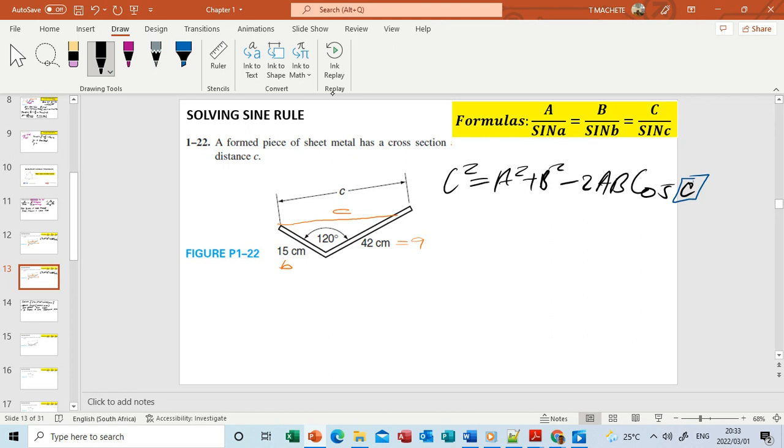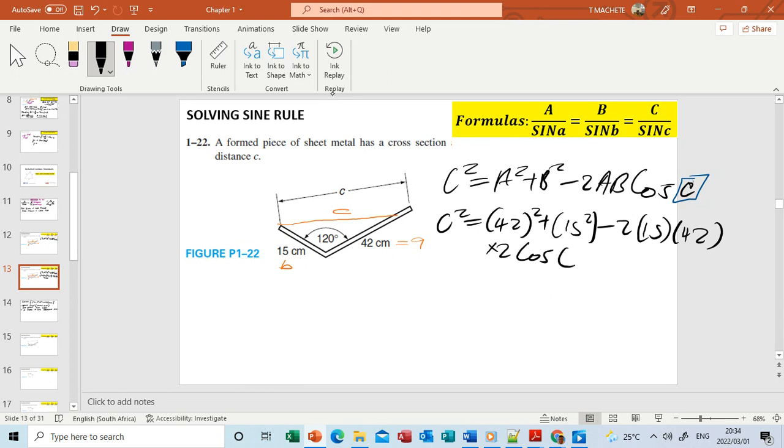So, you've got this equals to your A. You're going to put your A there. It's 42 squared plus 15 squared. You just put everything there. Then 15 times 42 multiply by 2 cos theta, it's 120.